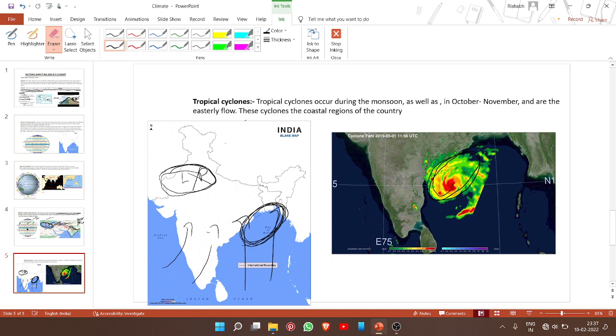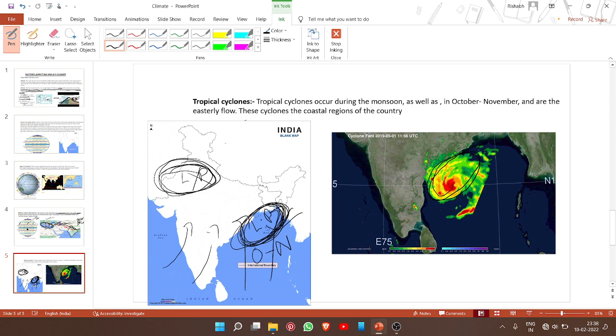So when low pressure occurs over here, the cyclone attacks this part, and this cyclone generally works during October and November during the retreating of the monsoon. Before the retreating of the monsoon, the low pressure was very active in this area. During the retreat of the monsoon, October and November, low pressure becomes very active in this area.